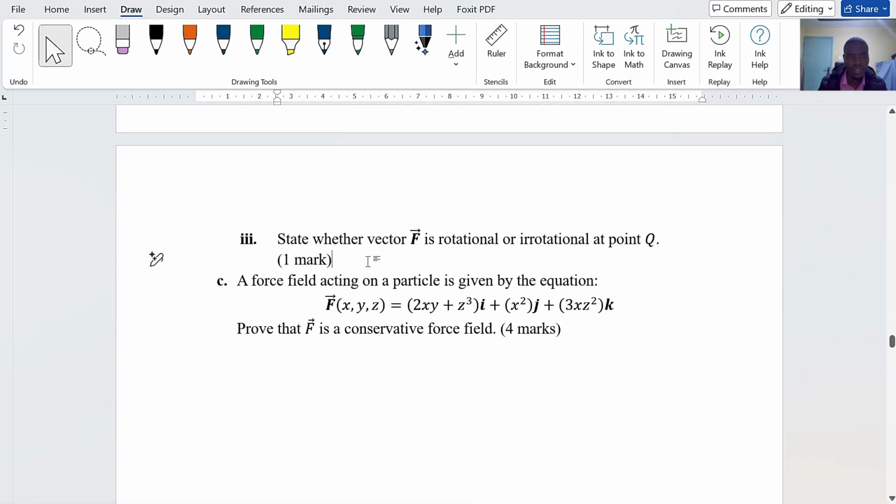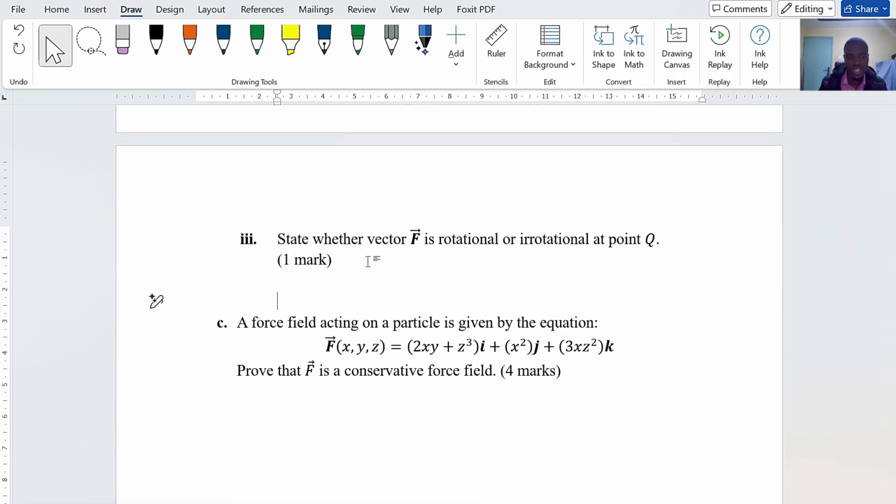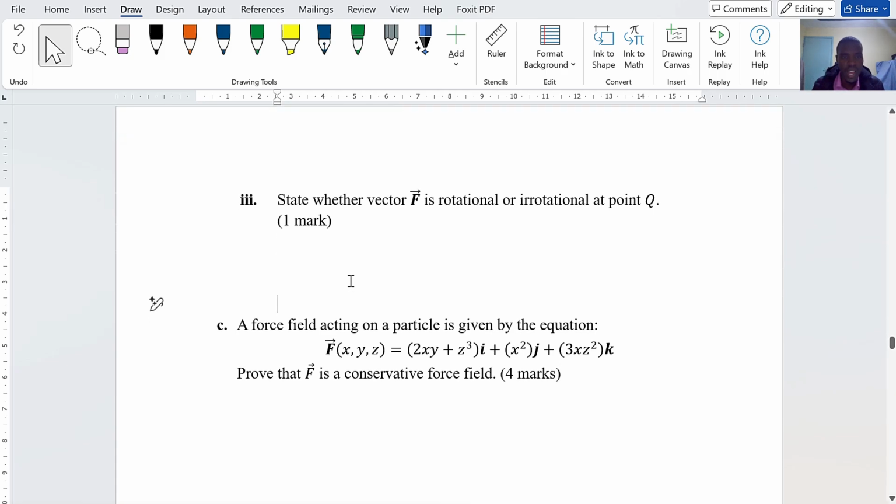Now the next question is a statement. State whether the vector f is rotational or irrotational at point Q. At point Q, the curl is equal to 6i, which is not equal to 0.